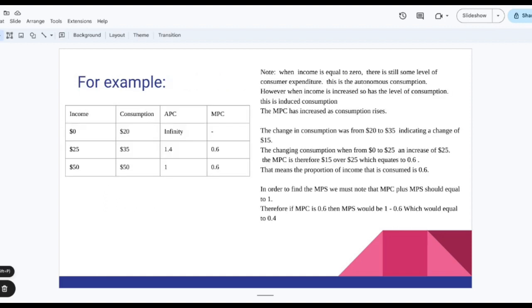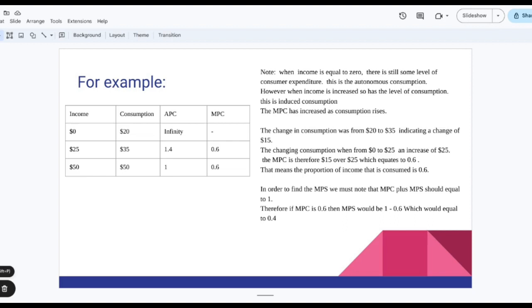Now, an example of this can be seen in this diagram where income level was at 0, but it has increased to 25. As a result, consumption has increased from 20 to 35 and so on. When income is at 0, this is autonomous consumption, as there is consumption taking place.